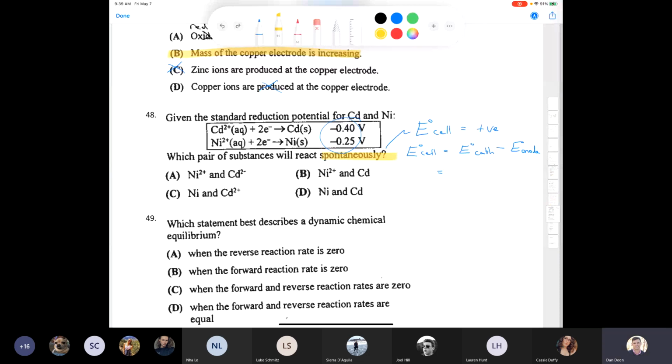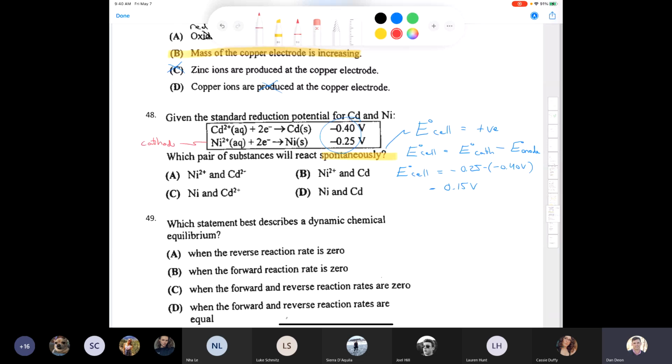So the anode is always going to be the most negative. So if I plug these numbers in, I get that the E naught cell is going to be equal to negative 0.25 volts subtract negative 0.40 volts, and that gives me a positive cell potential, which is 0.15 volts. And so that means that I want to have nickel as my cathode.